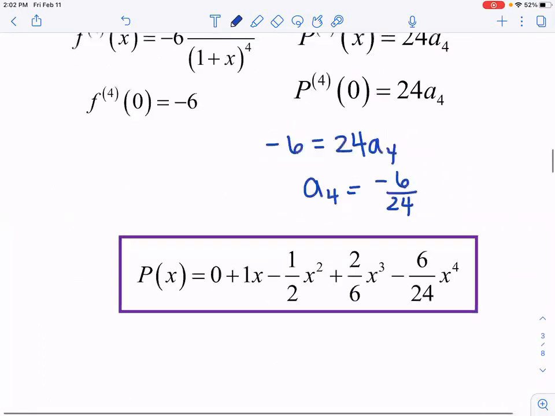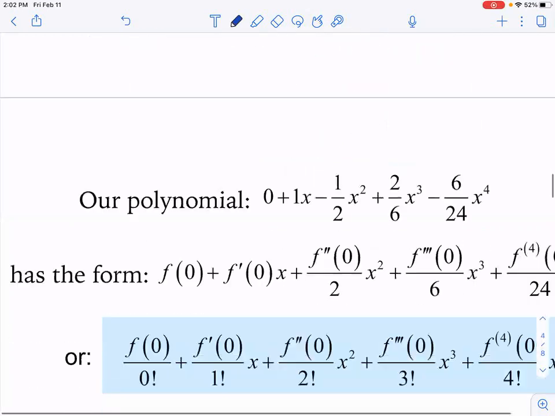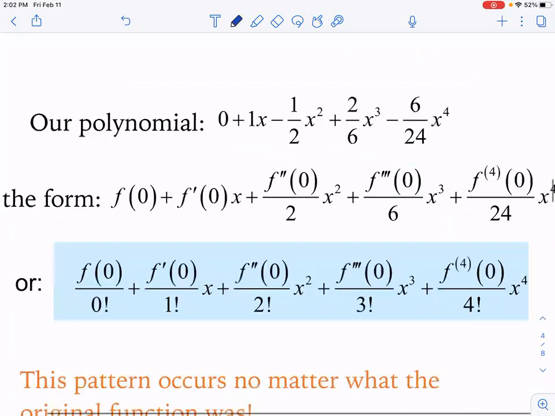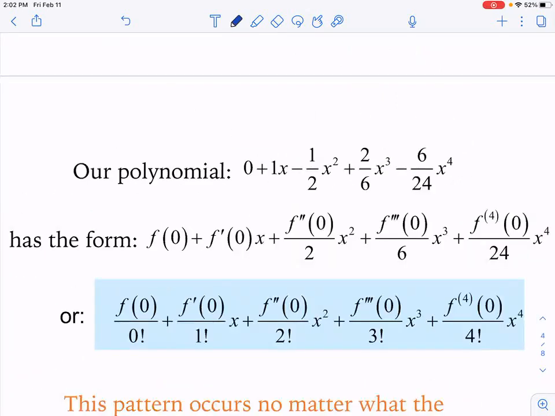Okay, so this particular polynomial has the form f of 0 over 0 factorial plus f prime of 0 over 1 factorial x, plus the second derivative of 0 over 2 factorial x squared, etc., etc., etc. And we could keep going if we wanted a better approximation.